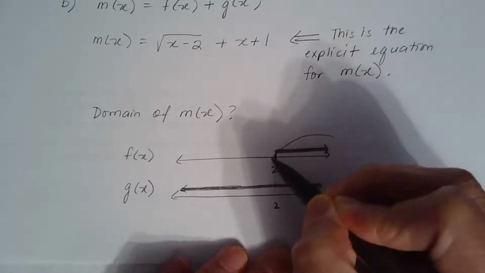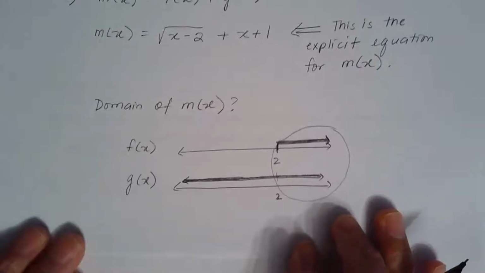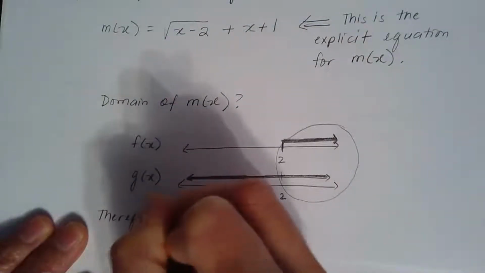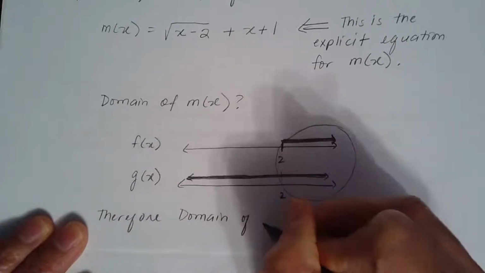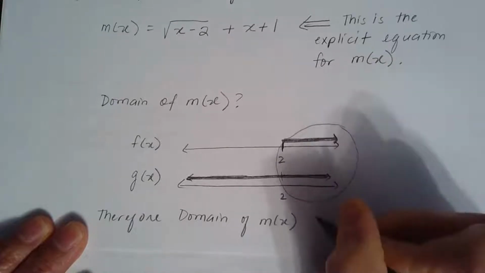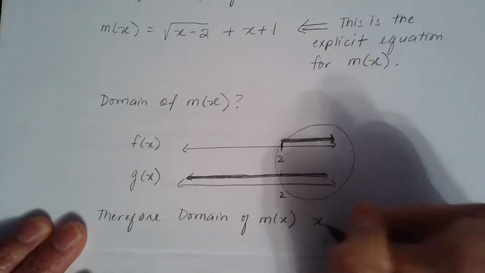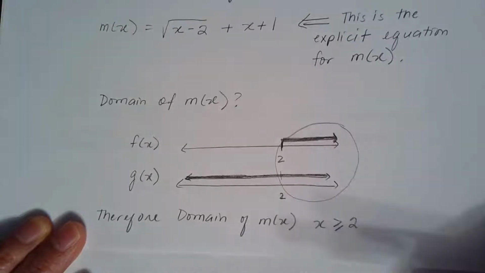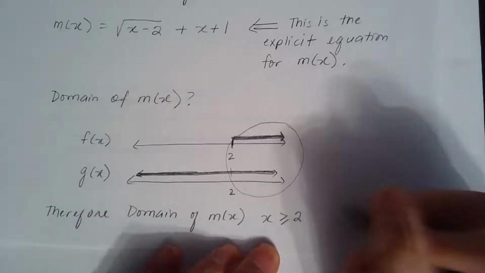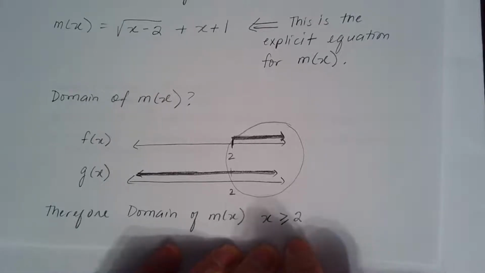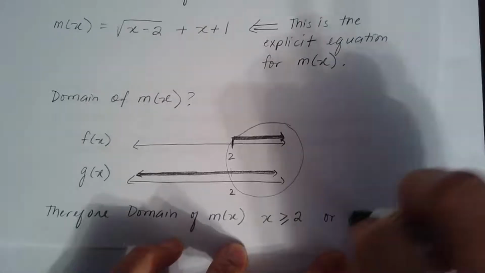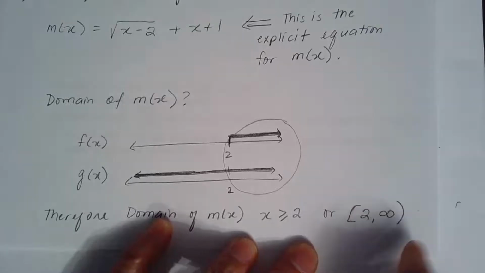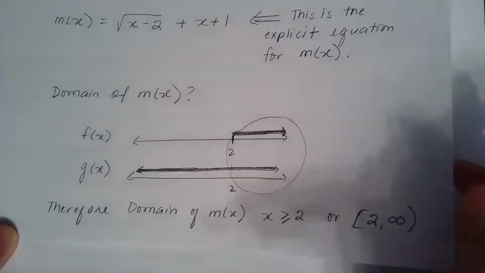So I'm just going to circle that, 2 to infinity. Therefore, the domain of m of x is x greater than or equal to 2. That's the set notation of the domain, or we can say 2 to positive infinity. So we've done letter A and letter B.